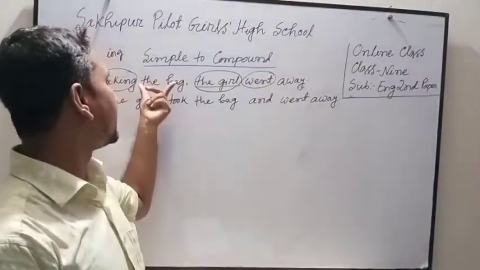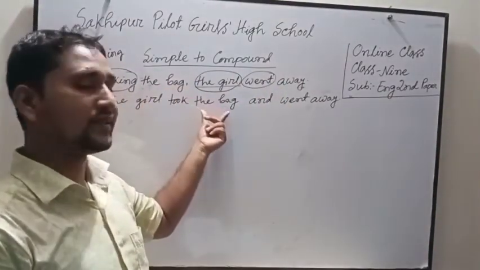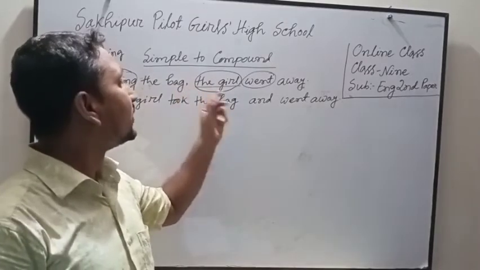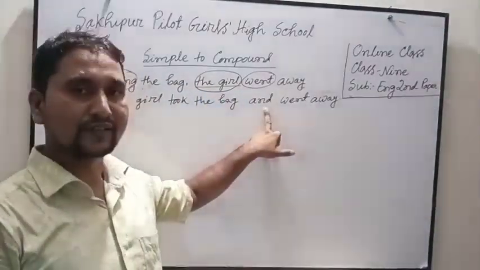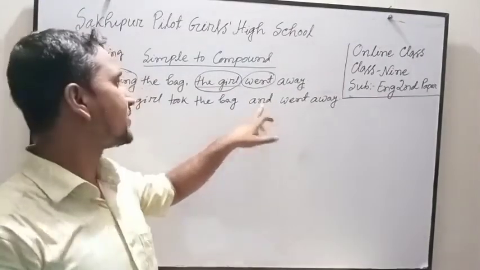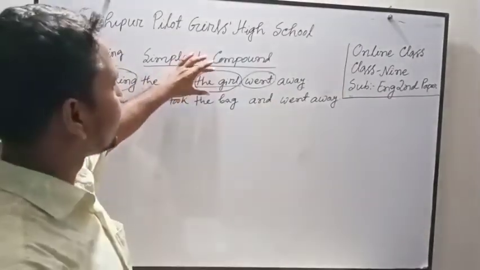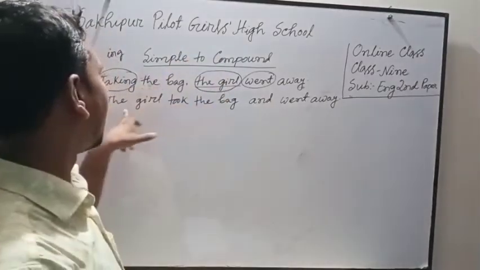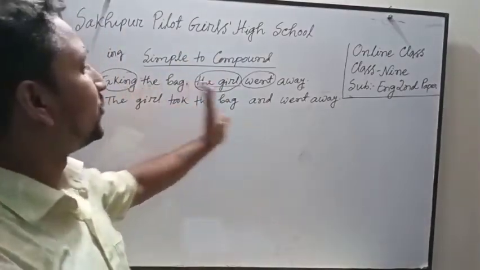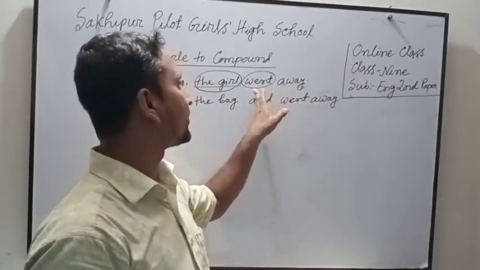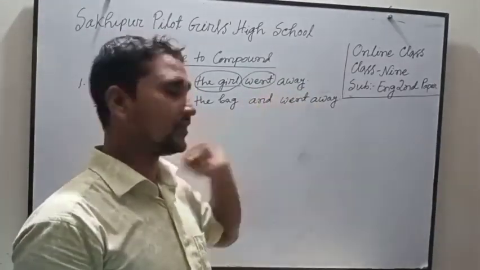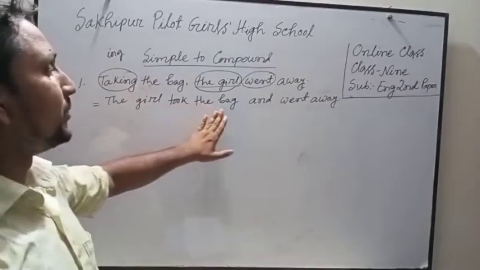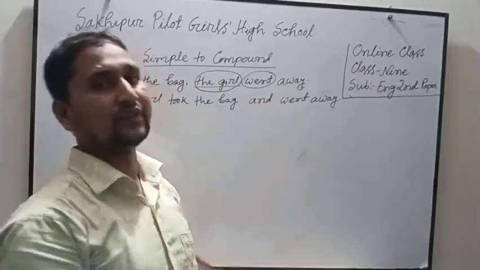Then you have to write the rest of the part of the sentence, and instead of a comma we have to use the conjunction and. As we have written the subject at first, we have to write the rest of the part of the sentence after and. The girl took the bag and went away.